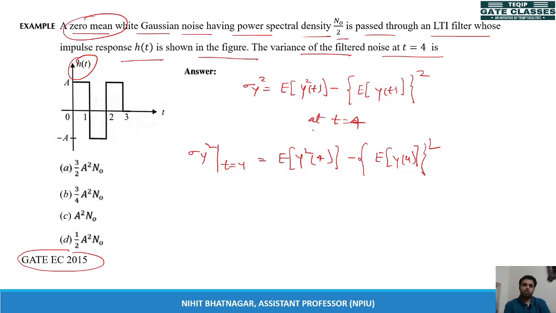If the input random process has zero mean, after passing through LTI, the mean of y is equal to H(0), the frequency response of that system, into mean of x. If this is 0, then this term is also 0, and this is equal to expectation of random process y(t).